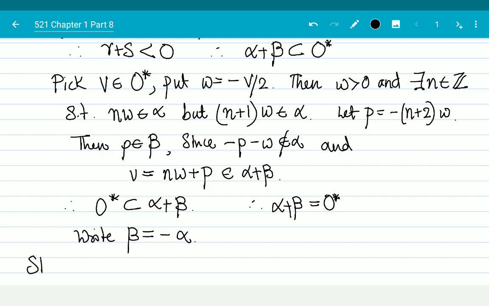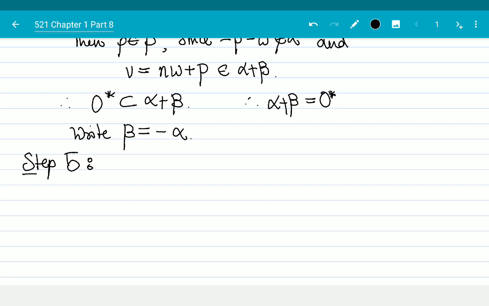Step 5. Having proved that addition satisfies these properties, we want to show the propositions of addition. We can show that proposition 1.14 in the book holds, is valid in reals.